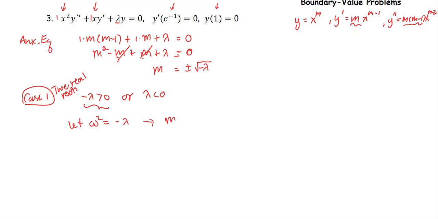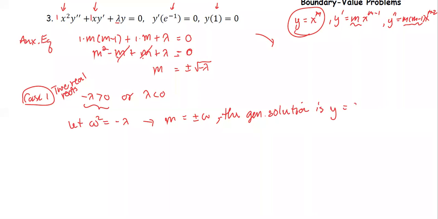So then m is going to be plus minus omega, and the general solution, for the Cauchy Euler equation, the solution is in the form of x to the power, right? So general solution is y equals c1 x to the power omega plus c2 x to the power negative omega. Just depends on what type of equation you are working on.